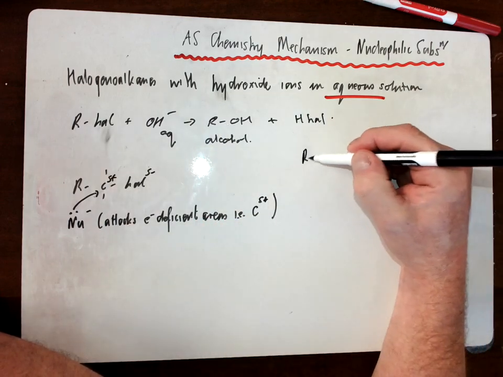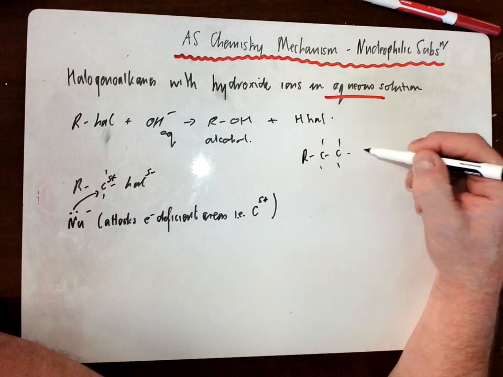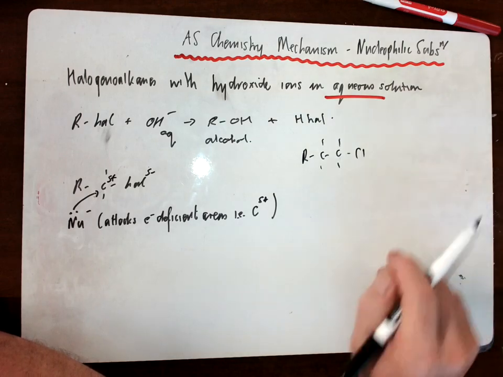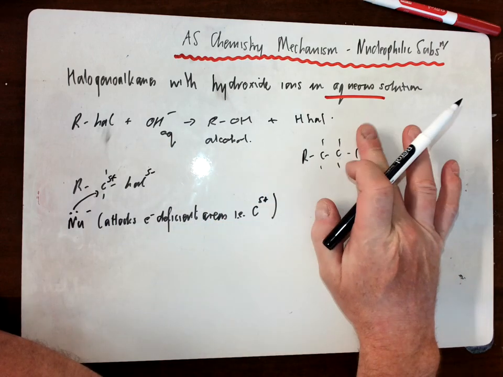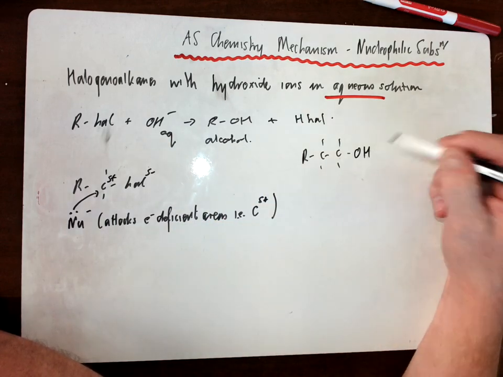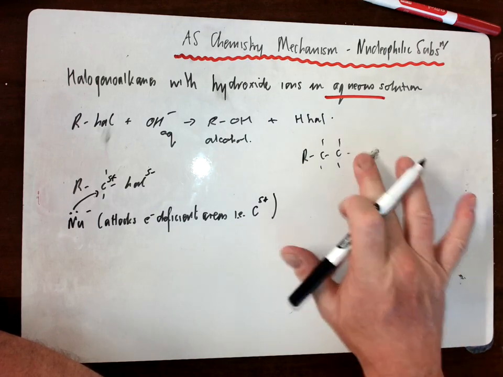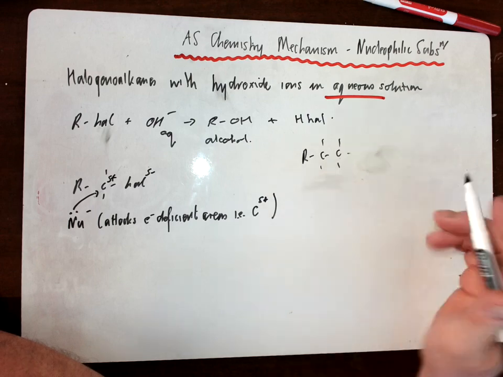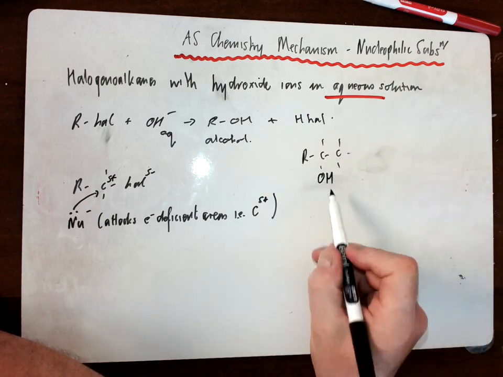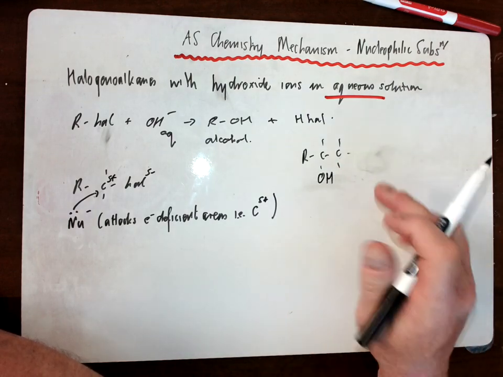So for example, if I started off with a molecule as so, and I reacted it under these conditions with hydroxide ions, I simply remove that and I put it there. Likewise, if the Cl was there, drawing my product, I put my OH there.